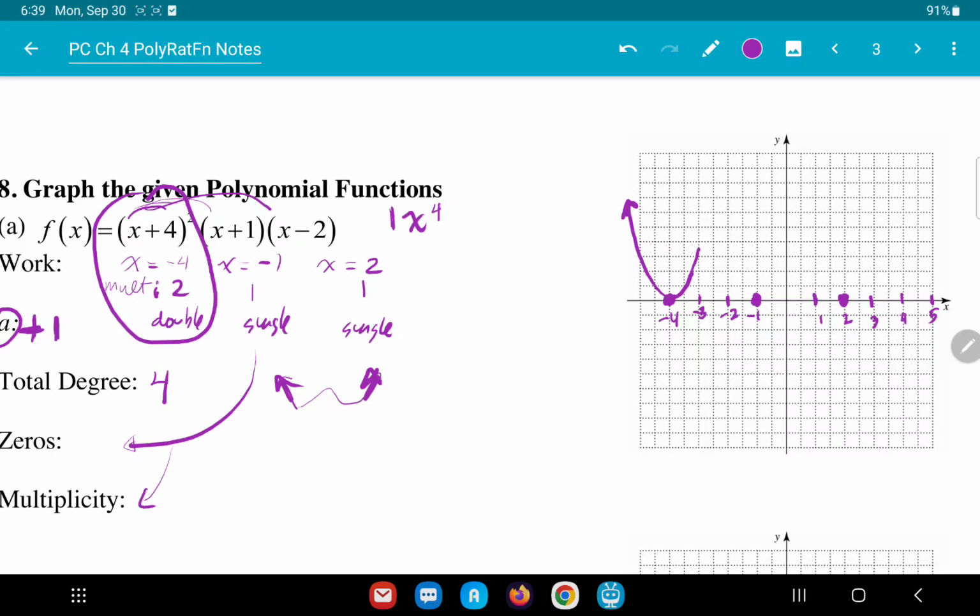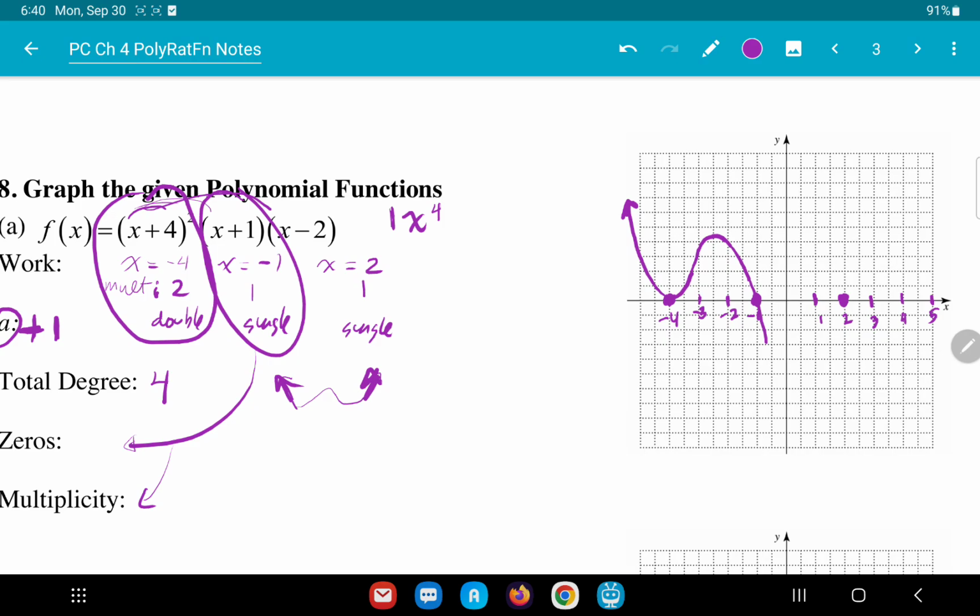Then I'm going to take a look at how my graph will interact with the next zero. I notice that -1 is a single root, so I should be passing through this location. So I want to make sure that my graph is going through. I'm going to make this graph go back down, and it's going to pass through -1 just like so. You'll notice how that graph is nice and smooth and continuous.